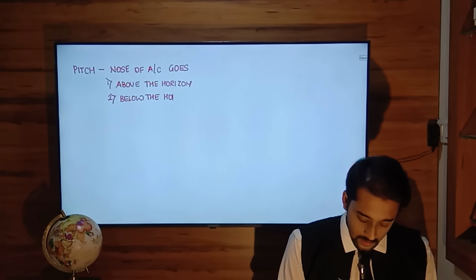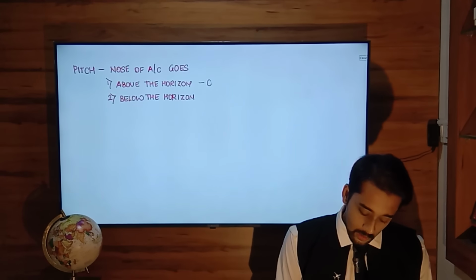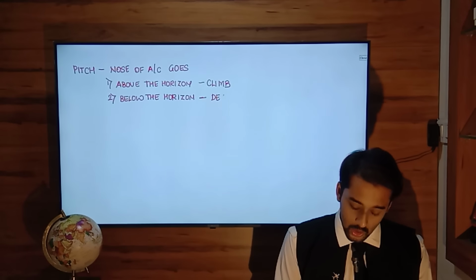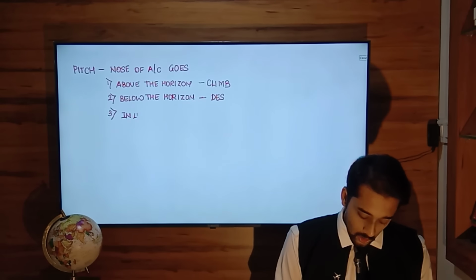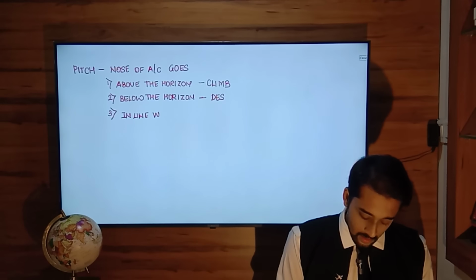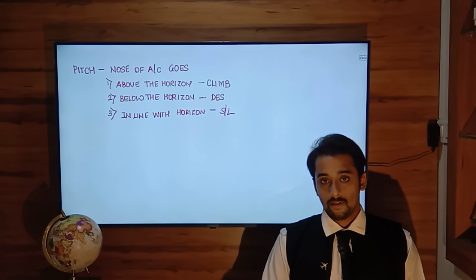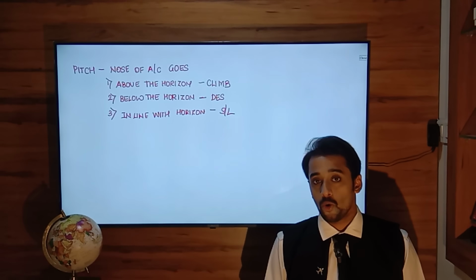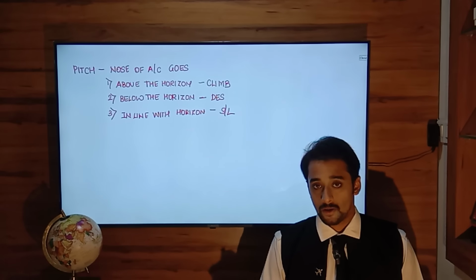So above the horizon during a climbing attitude, below the horizon during a descent maneuver, and somewhat in line with the horizon when flying straight and level. So this is called pitching. Pitch up, pitch down, pitch more up, pitch more down. These are the terms that your flight instructor will always use when he starts teaching you.